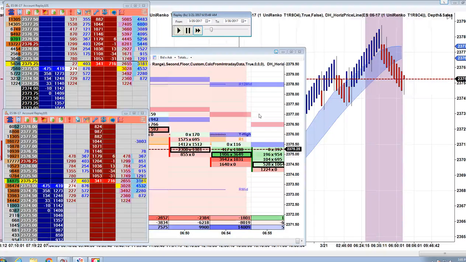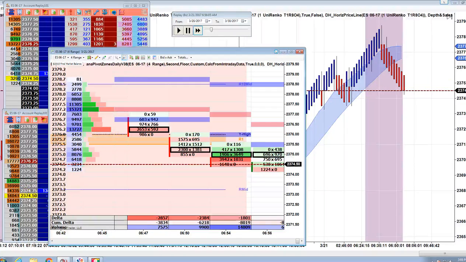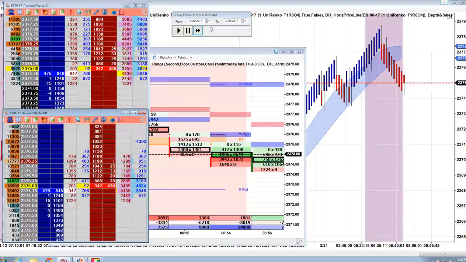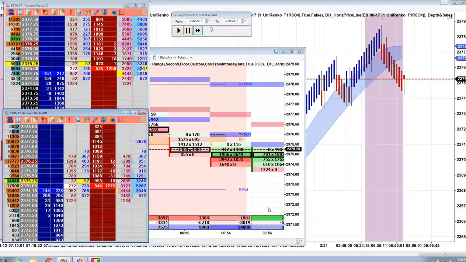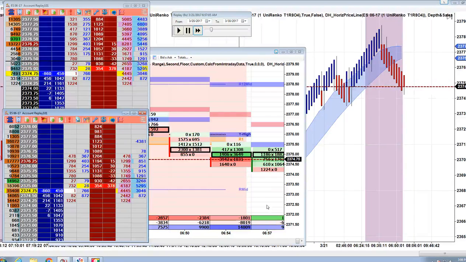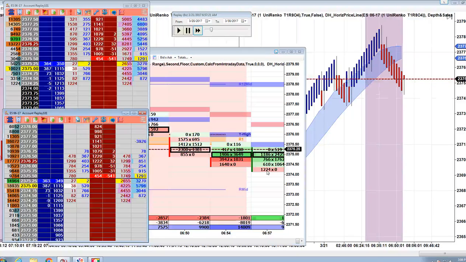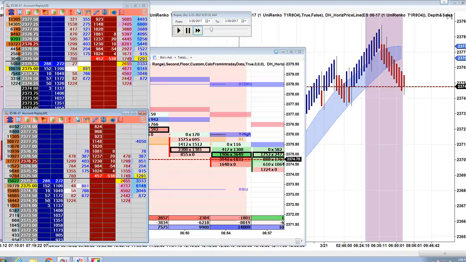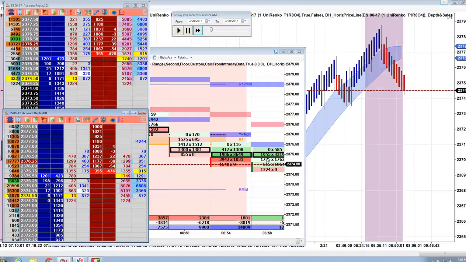Okay, so let's see what we're going on now. You got 1224 here, and somebody's buying up here at 5. There's 582. Your ratio is still negative, though. Your delta turned positive, so you're going to be watching.